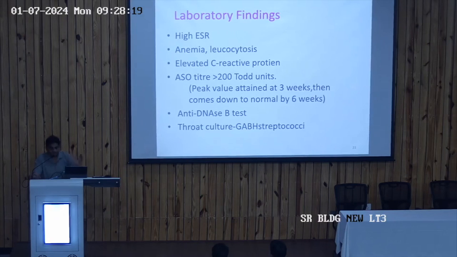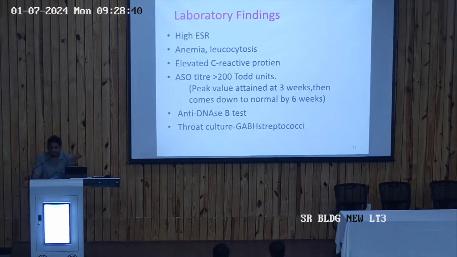So once we suspect rheumatic fever, advise some labs. Labs show anemia, usually hemoglobin on the lower side. Leukocytosis may or may not be seen; usually a mild increase in TLC.